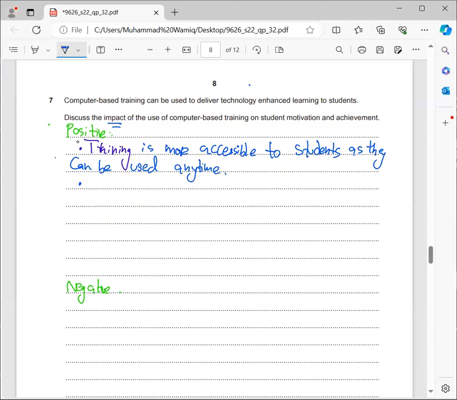Means they have that in the recorded form anytime they wish, it is going to be quite convenient for them to have them.